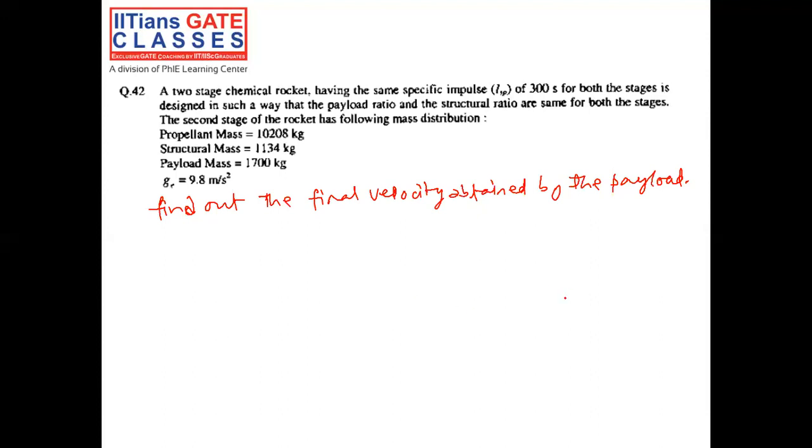So if we draw a schematic of a two-stage rocket, it will be something like this. This is the structural mass denoted by Me1. This is the propellant mass denoted by MP1.